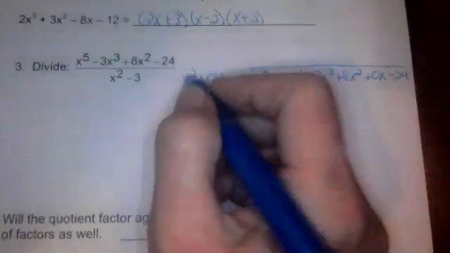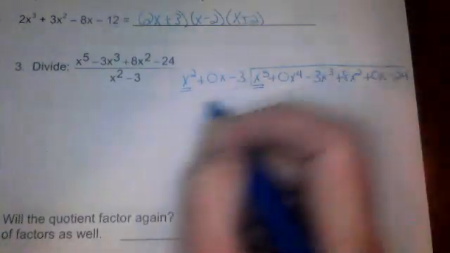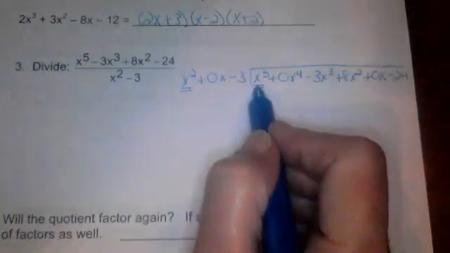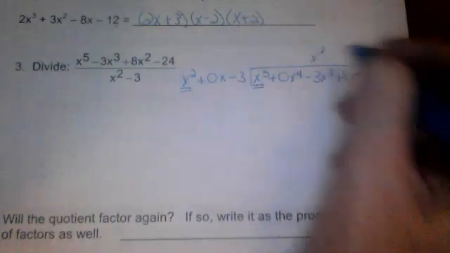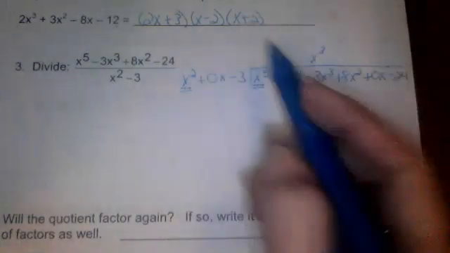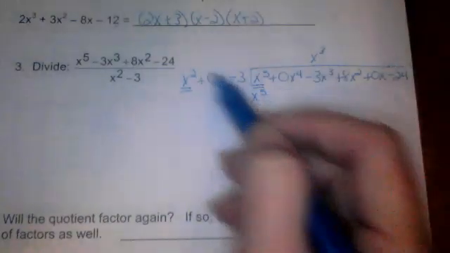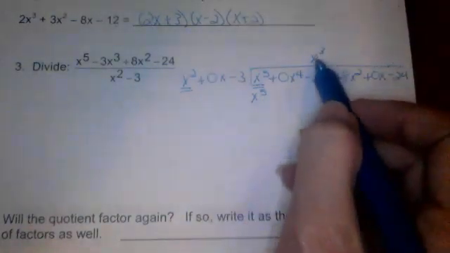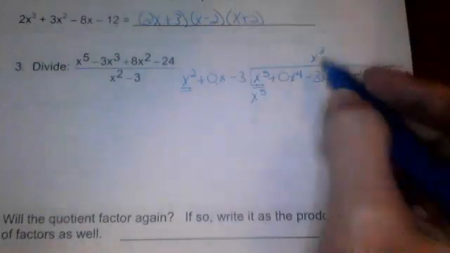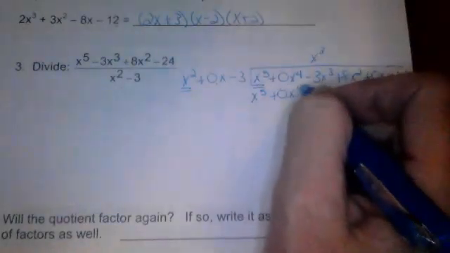But we do the same thing. We're going to look at the first term. Divide x squared into x to the 5th. It'll go x to the 3rd times. So x to the 3rd times x squared is x to the 5th. Remember, when you're multiplying, you add the exponents. And then x to the 3rd times 0x is going to give me 0x to the 4th.